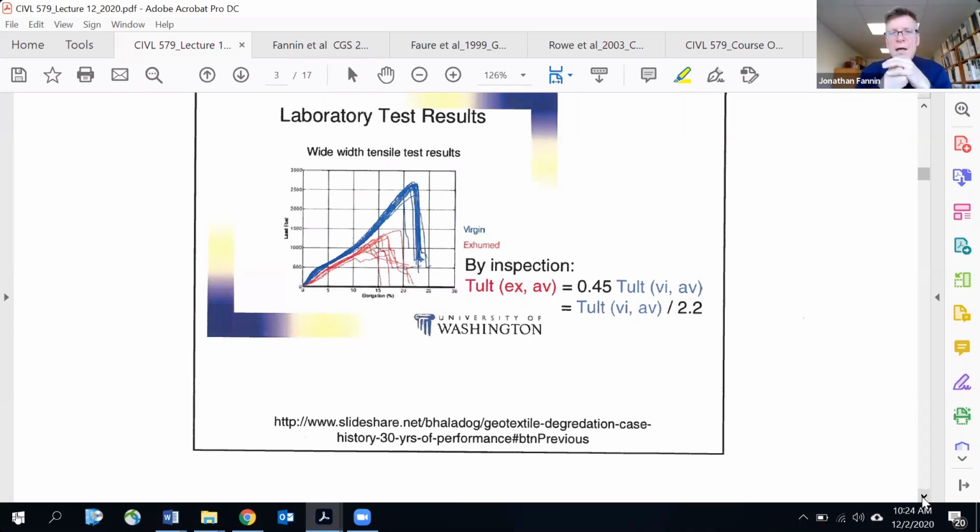And thus, in this case, by inspection, the reduction in strength is of the order of a magnitude of 2, and that's because of installation damage and the 30 years of any degradation of the material properties of the polyester in the environment in which it's in.